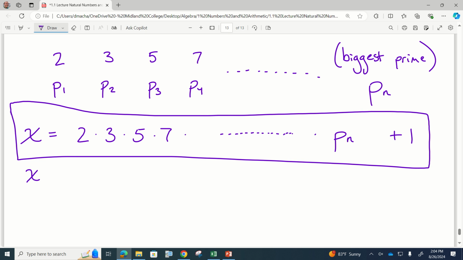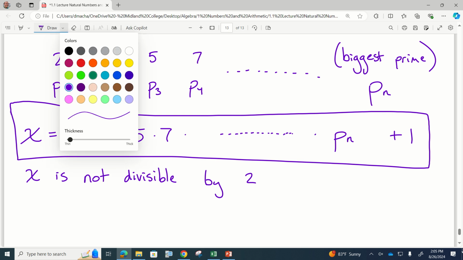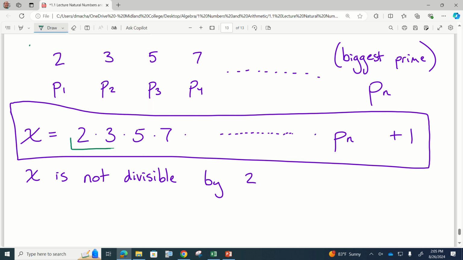Now, x, this number is not divisible by 2. I know this is true because if I just underline this green part here, that underlined part is divisible by 2 because 2 is a factor. But when I add 1 to the end, I mess it up, right? If you take an even number plus 1, you get an odd number. It's not divisible by 2 anymore.